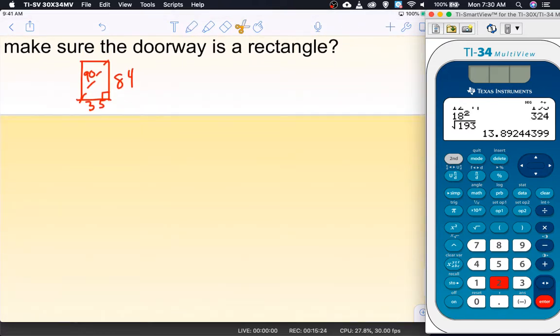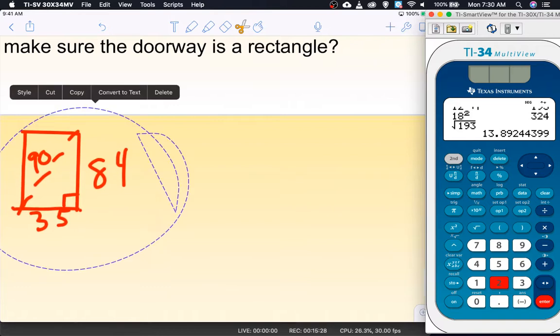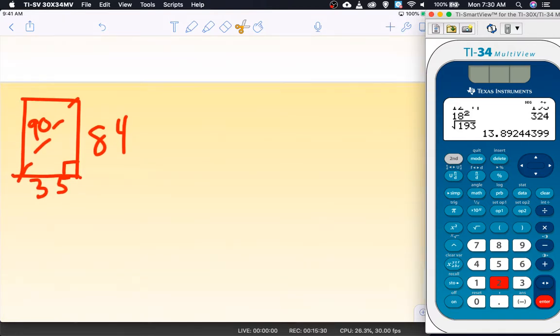All right, so I'm now going to bigify my picture because I have more space. So let's do it. a squared plus b squared equals c squared here. Let's do hypotenuse, and then 35 and the 84.